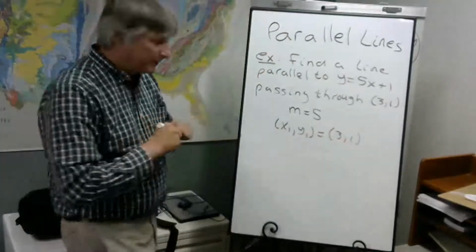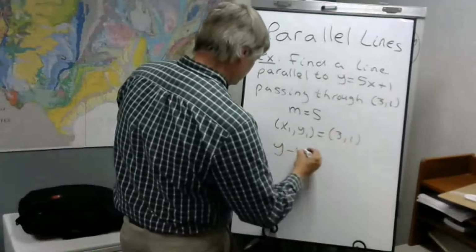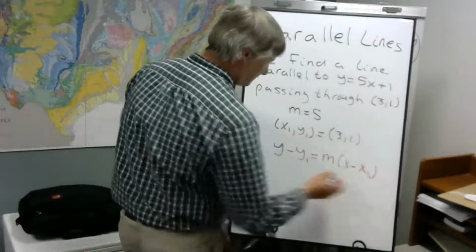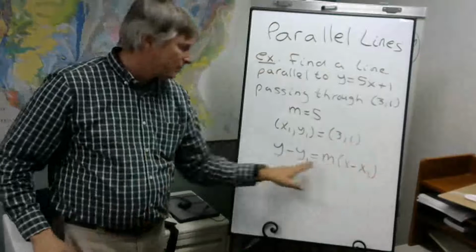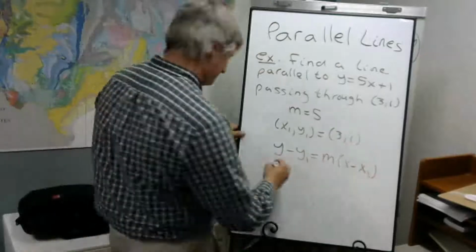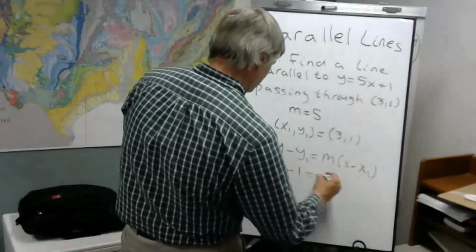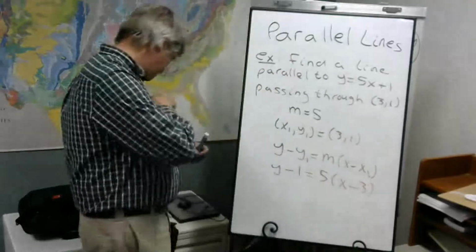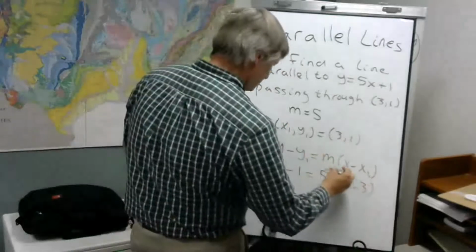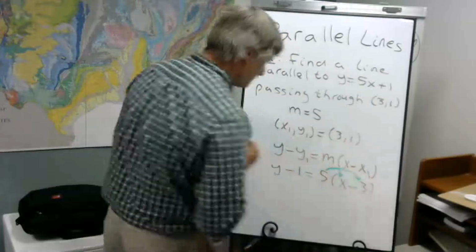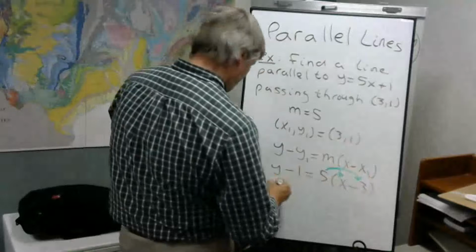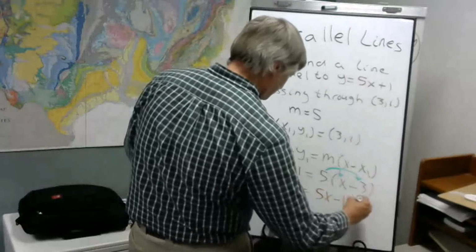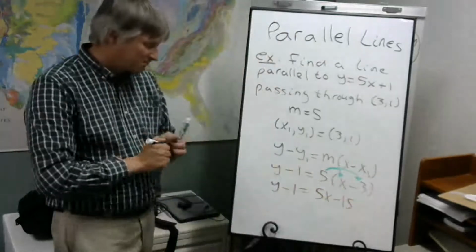So using the formula, we plug in values for x1, y1, and for m. And so this gives us y minus 1 is 5x minus 15.